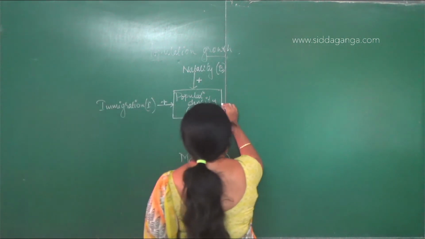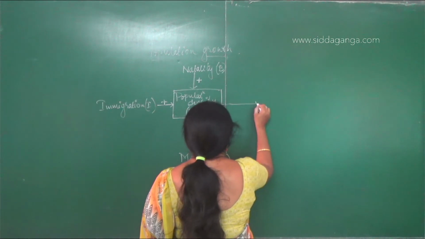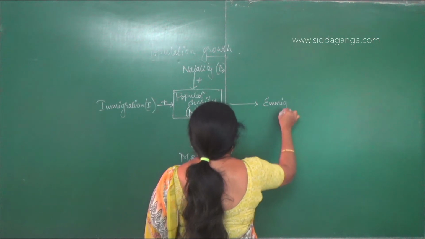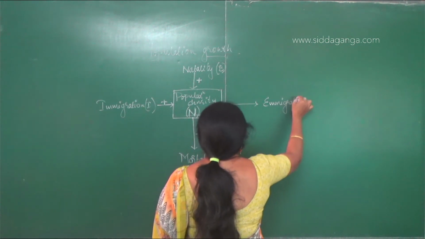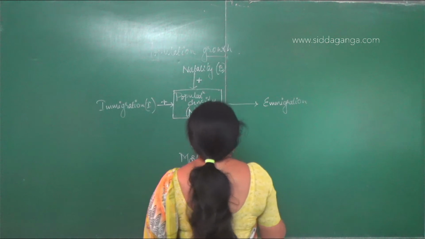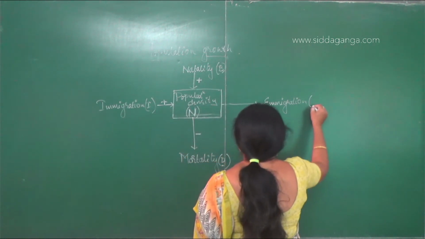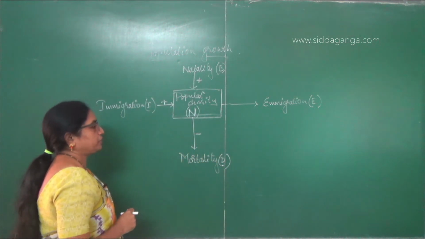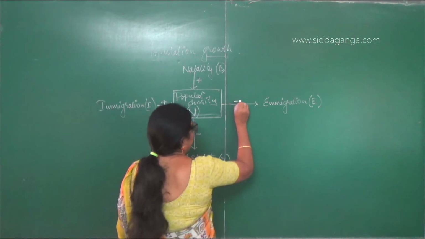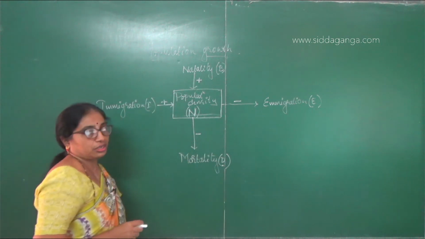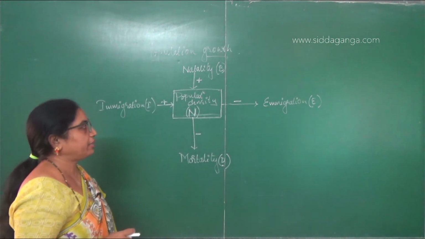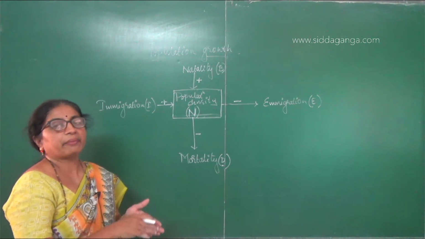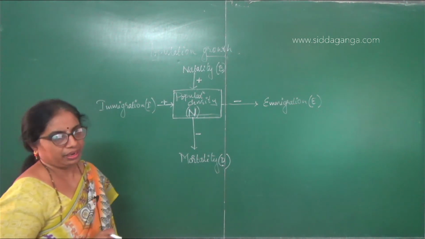And here we have another process which is called emigration, which is represented as capital E, and individuals are lost from the particular habitat as there is a movement of individuals from that habitat to elsewhere in emigration.